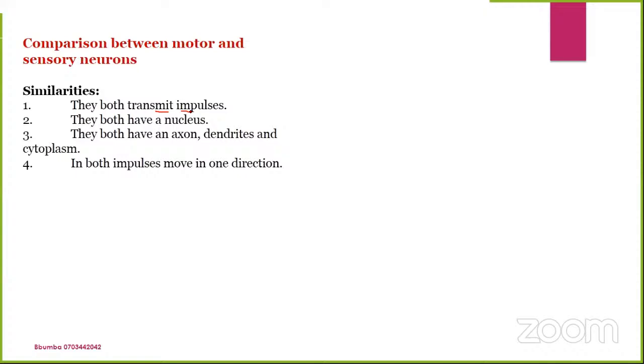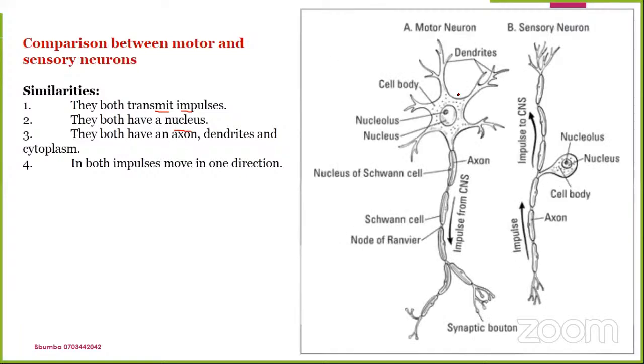And it is at this moment that I would even ask you to give me these. But of course, I know some of you have already forgotten. Okay. So they both have a nucleus. If you can try to look at this motor neuron, and then look at this sensory neuron.